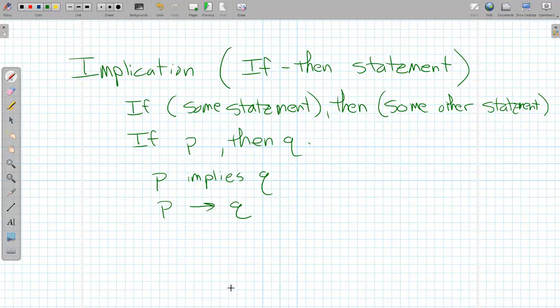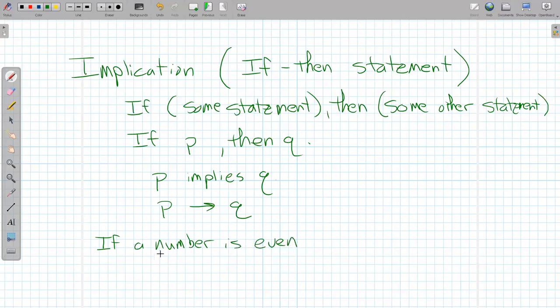Algebra of logic is kind of stable, but kind of not. In some books, it might be a double arrow. It just kind of depends. So an example, a pretty simple one for math, would be if a number is even, then the number is divisible by 2.